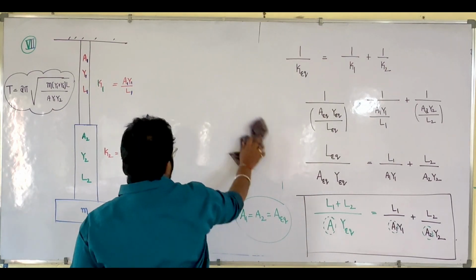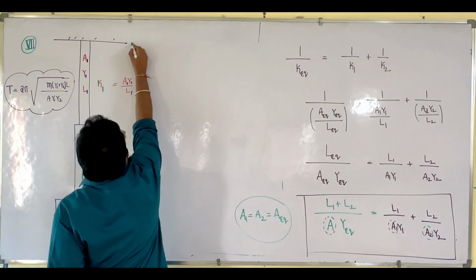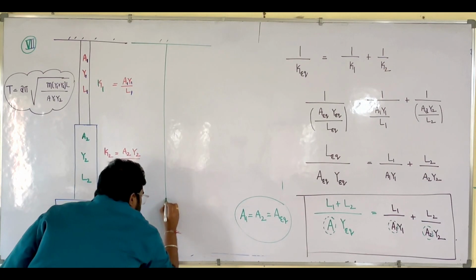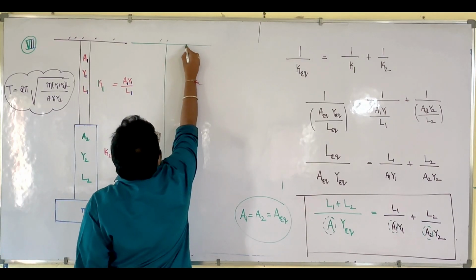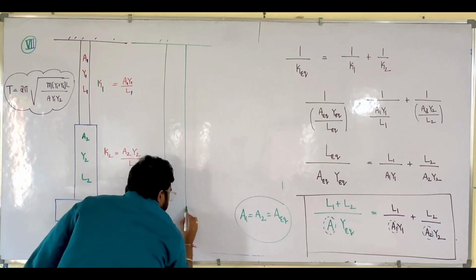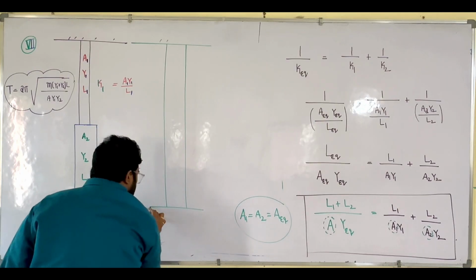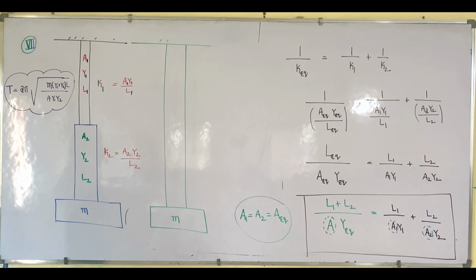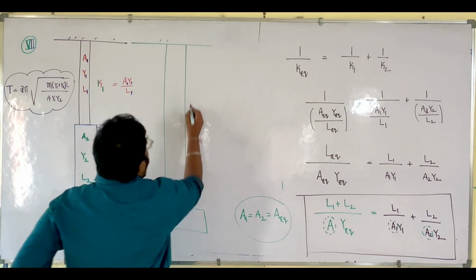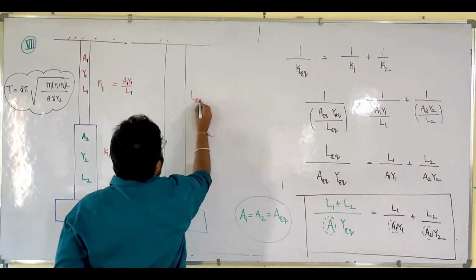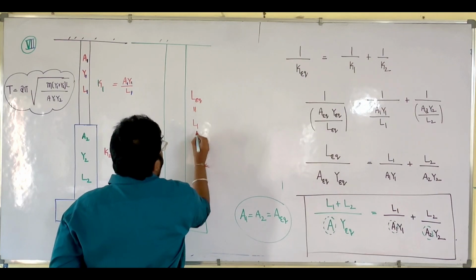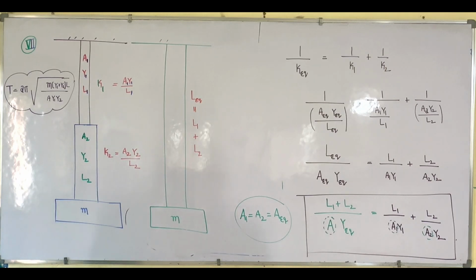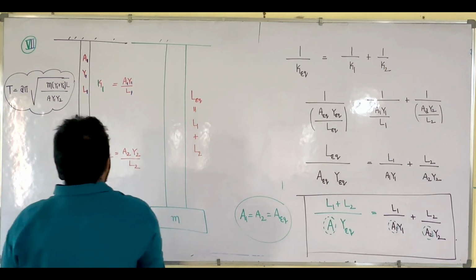So we need to convert it into a single rod. This is the rod, the equivalent rod. Equivalent rod in the sense of L equivalent equal to L1 plus L2. This rod, A equivalent to how much?